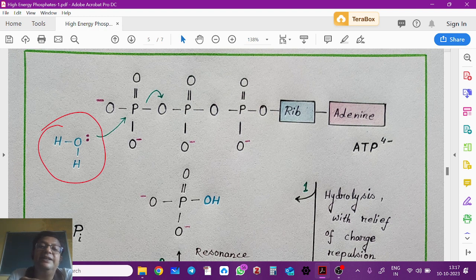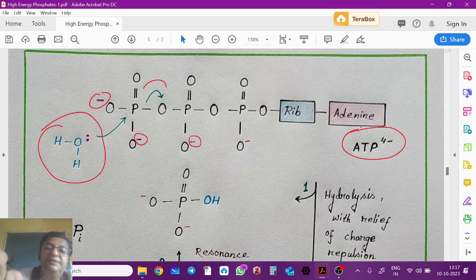The result is the electron pair shifts to the oxygen. Okay. And this is basically ATP 4 minus, 4 negative charges. You can count 4 negative charges. Can you count 4 negative charges?